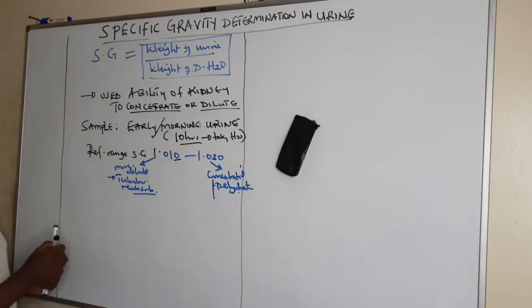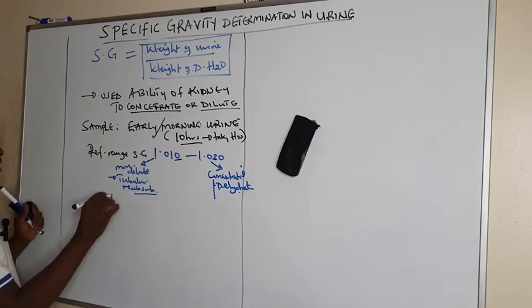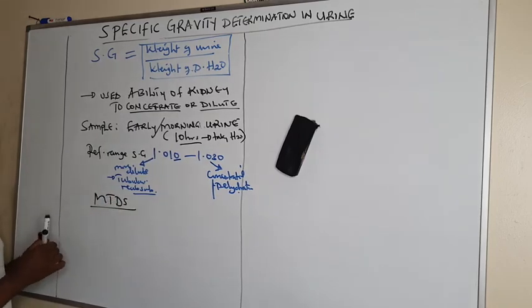And the methods we use in the lab to determine specific gravity, majorly we are using 4.